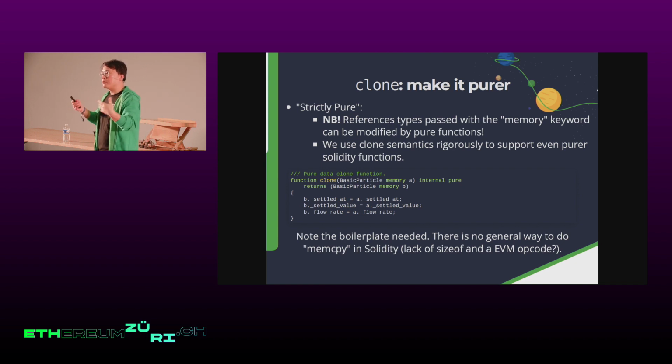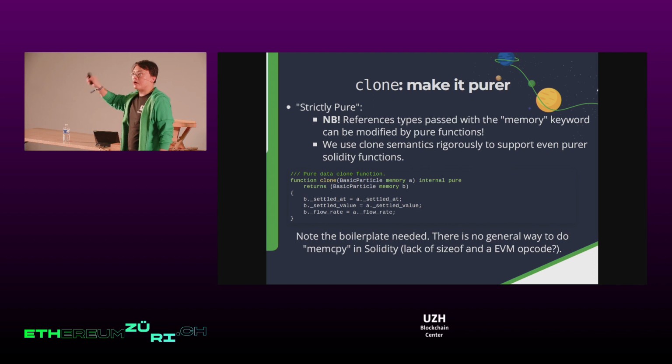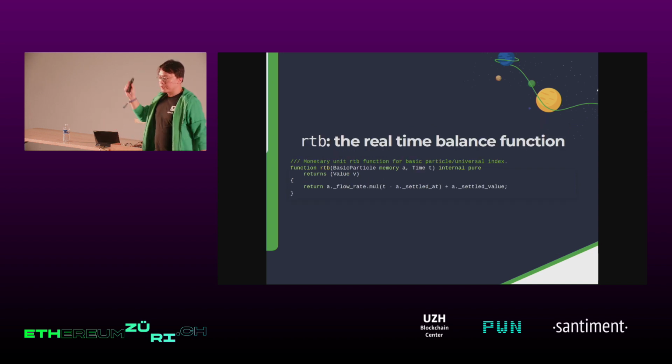If you know what is actually a pure function, you can modify the input, which is kind of bad, right? So from the functional programming perspective, what you really need to do is do a clone. So whatever input you receive, you clone it. So you make sure that you don't modify the input. So we keep that pattern throughout the code, right? So make it purer.